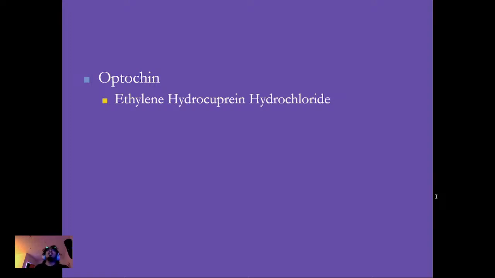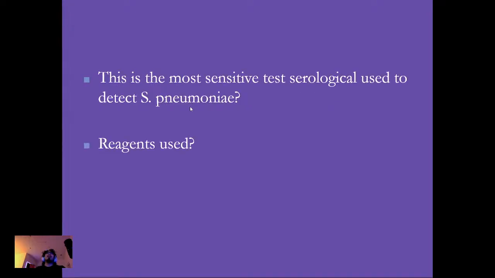So, huwag nyo kakalimutan, another name for optochin is ethylhydrocupreine hydrochloride. So, Taxo P is actually copper-based. Paano mo nasabi, sir? Hydrocupreine. Cuprin is the archaic terminology for copper. All right.